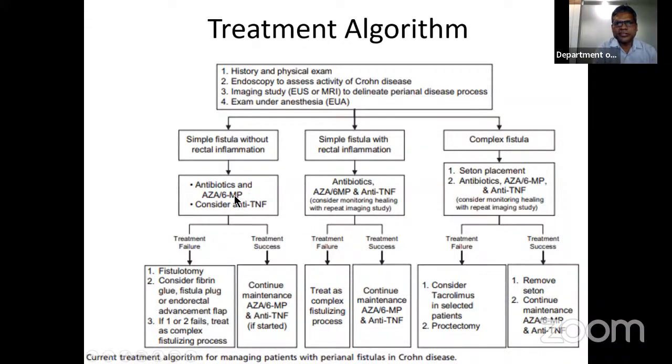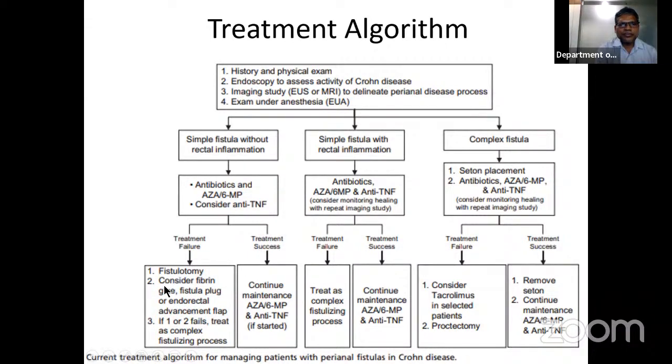But if you consider a step-up approach, then antibiotics and azathioprine alone suffice. If there is treatment failure in spite of this combination of antibiotics and azathioprine, or even after considering an anti-TNF at that time, then one can consider a surgical option in the form of fistulotomy. Other alternatives are fibrin glue, fistula plug, or advancement flap.